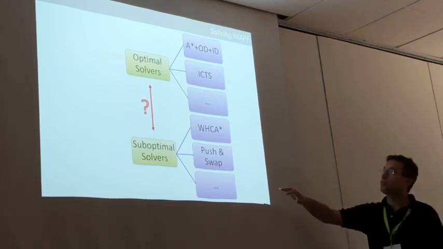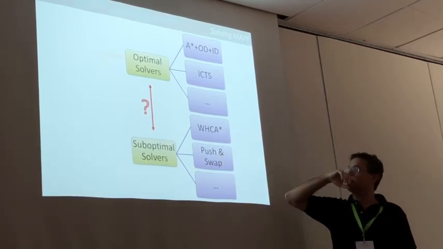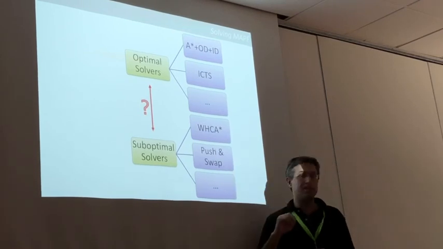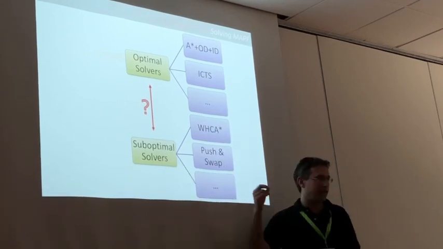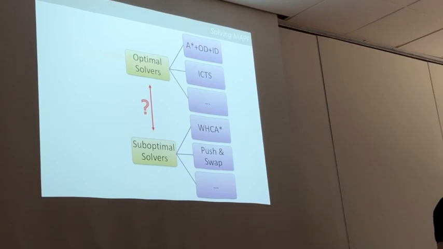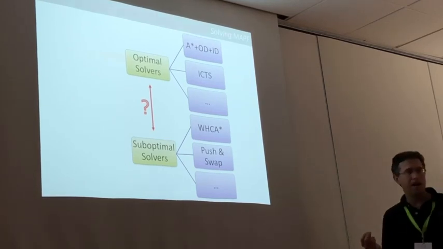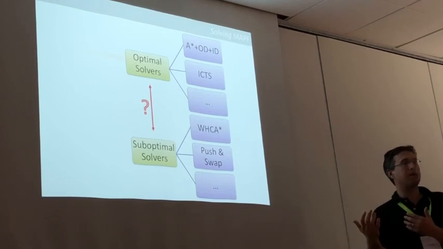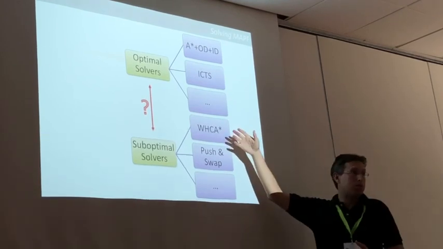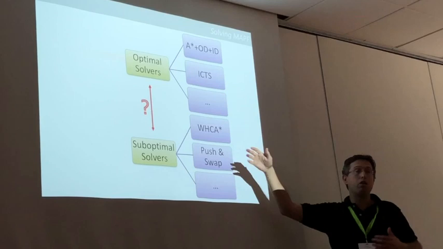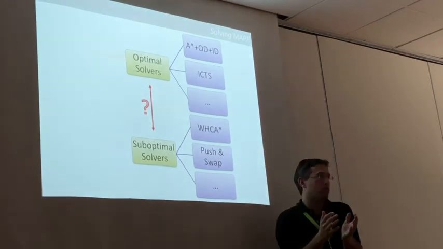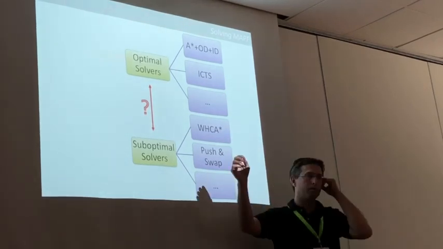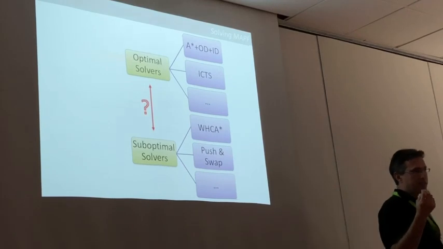All these algorithms, push and swap, windowed hierarchical A star, these are suboptimal. But I hate the term suboptimal for them because the correct term is I don't know optimal. Suboptimal implies that it's close to optimal, but you really don't know how suboptimal it is. The solution can be horrible or extremely close to optimal. You have no clue. And optimal, you know it's optimal, but in some cases it's hard.